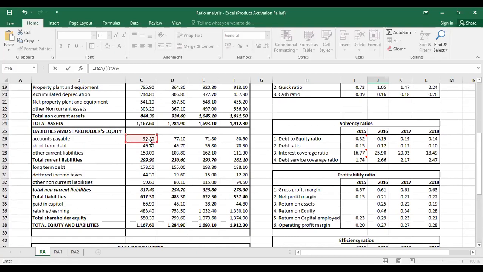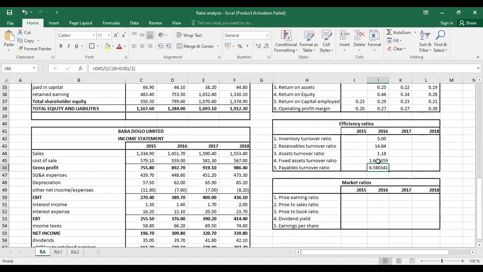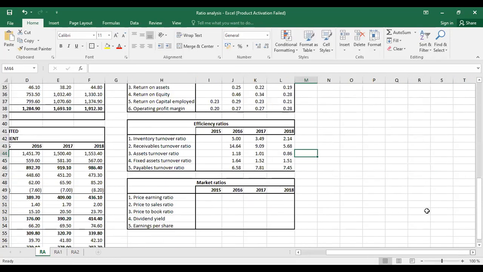So the first plus the second, close your bracket, divide by 2, close the second bracket, control enter, control backspace. The two, I'll give them at 2 decimal places. Then we just drag. I will bring in the comments.